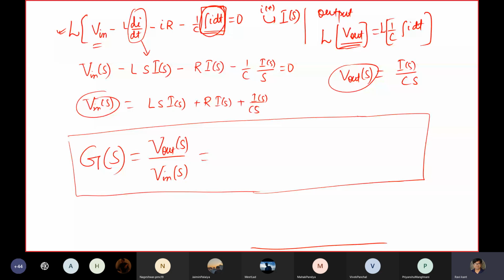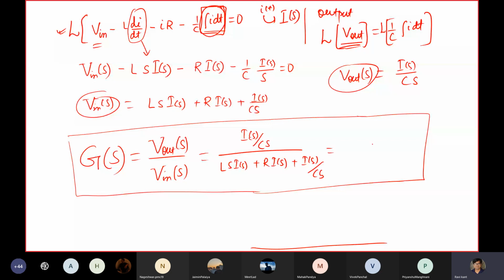So V out is equal to 1 upon Cs divided by Ls I(s) plus R I(s) plus I(s) divided by Cs. Okay, any manipulation I can do? I can multiply by Cs, and I(s) I will strike out from everywhere.